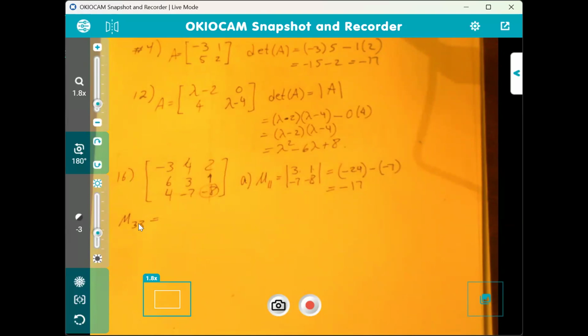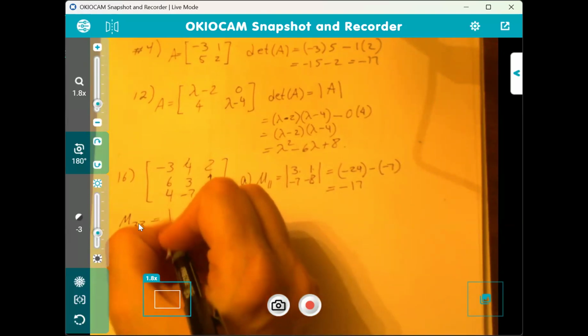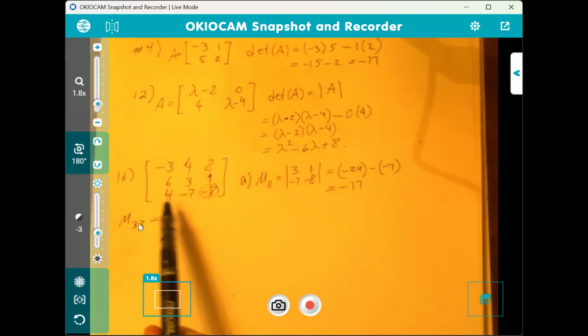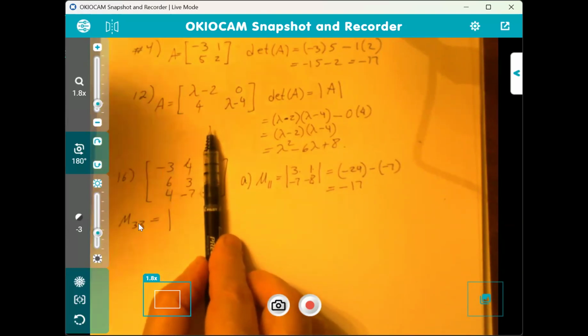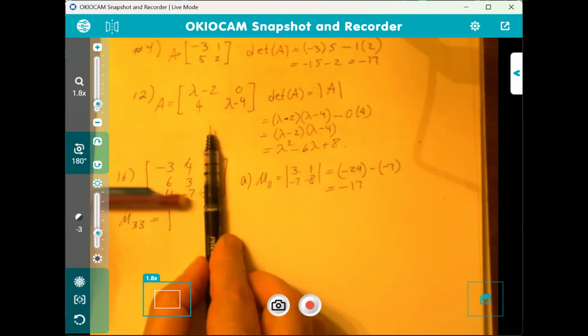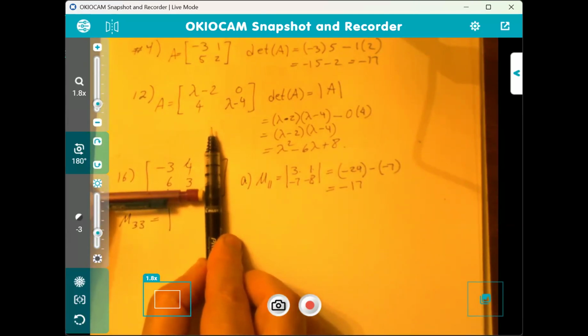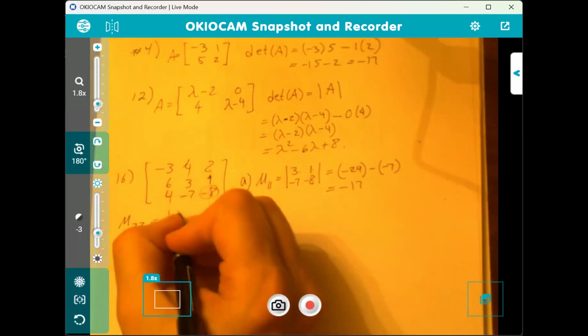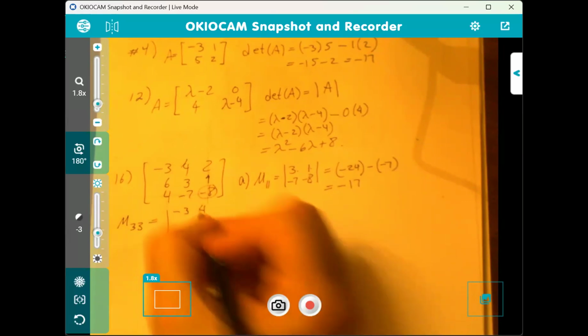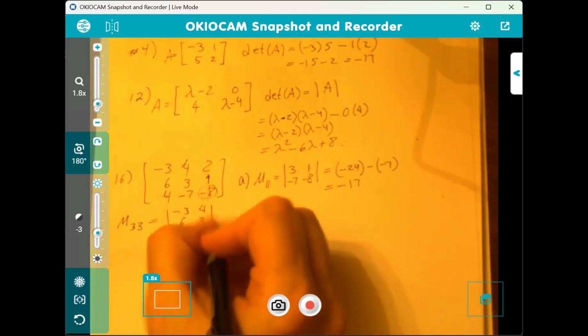When we do, this row is gone, the column is gone. All that remains is negative 3, 4, 6, 3. It's going to be the determinant of negative 3, 4, 6, 3.